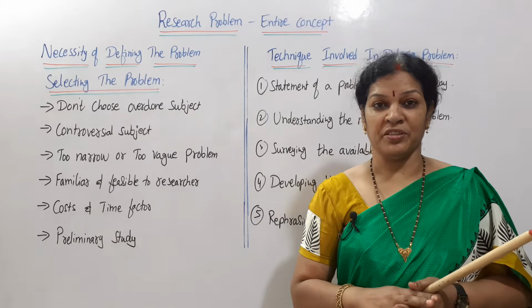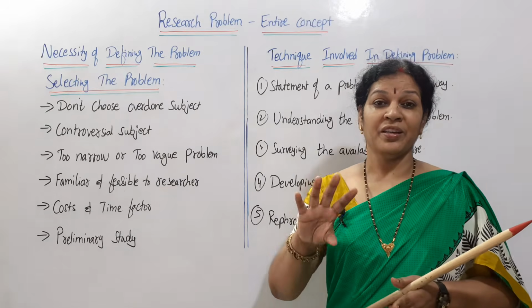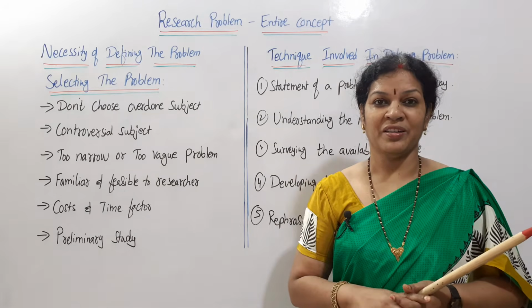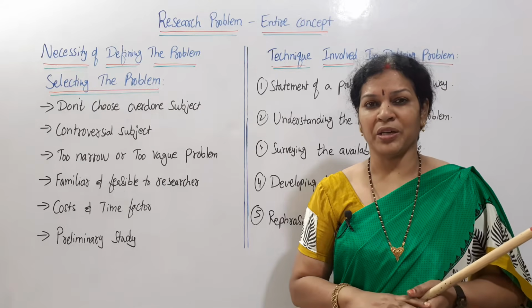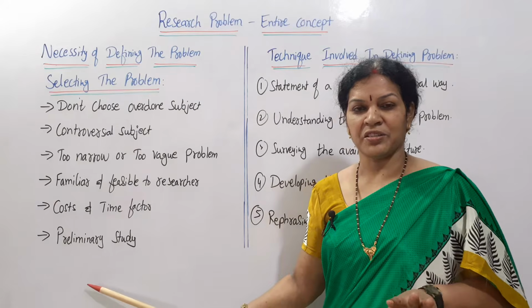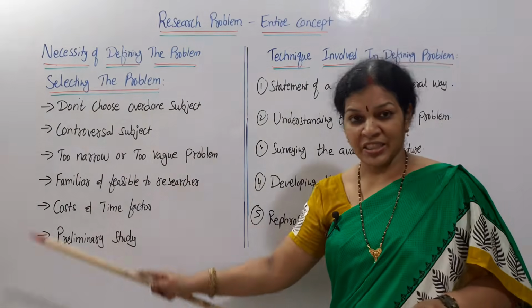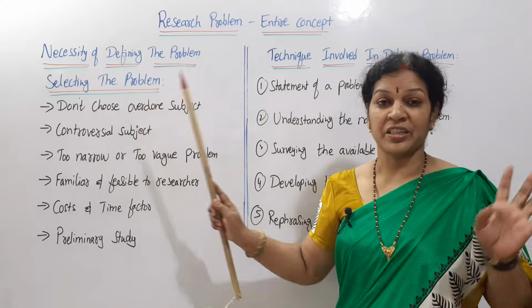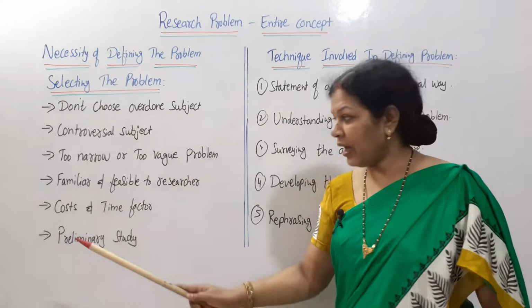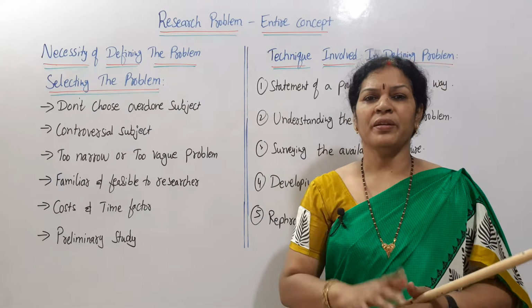If you proceed blindly, 50%, 70% of the work is completed, but you are in a dilemma. You do not know what to do, how to complete it. Rather than that, you had better go for a preliminary study or pilot study. There you get some idea. So these are the things you have to consider before selecting a problem. And after considering all these things, then select a proper problem.